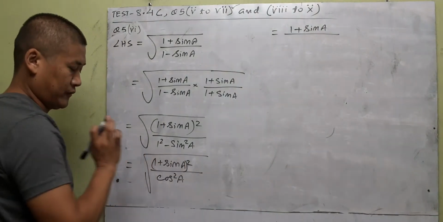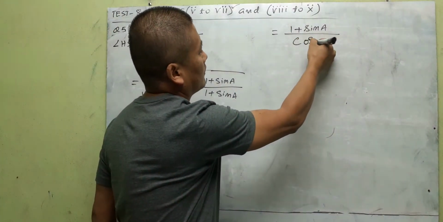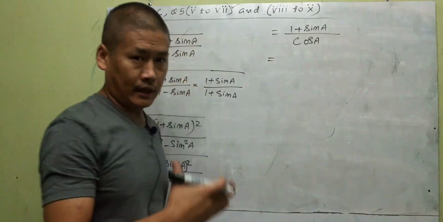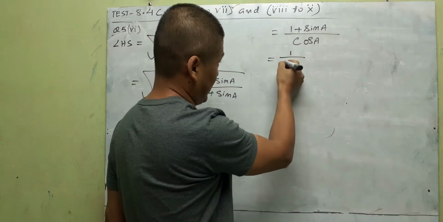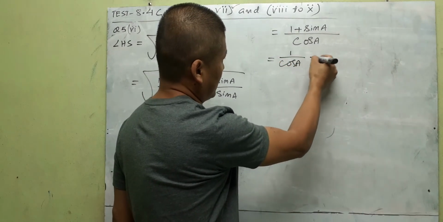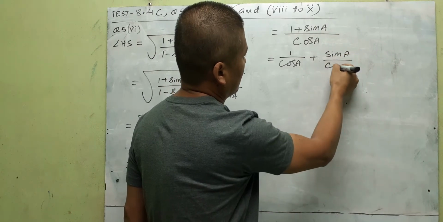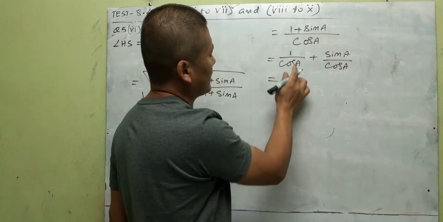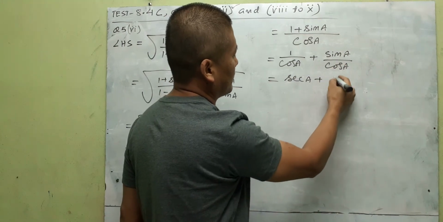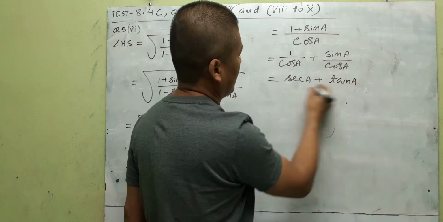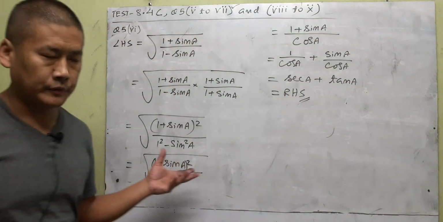Then cos square A likewise comes out of the root as cos A. We need sec A plus tan A on the right side, as in your textbook. So we can break it up: 1 by cos A plus sin A by cos A. The formula for 1 by cos A is sec A, plus sin A by cos A is tan A, which is exactly equal to the right hand side.